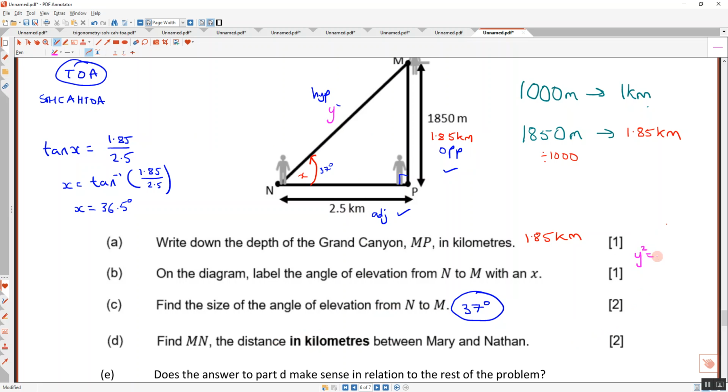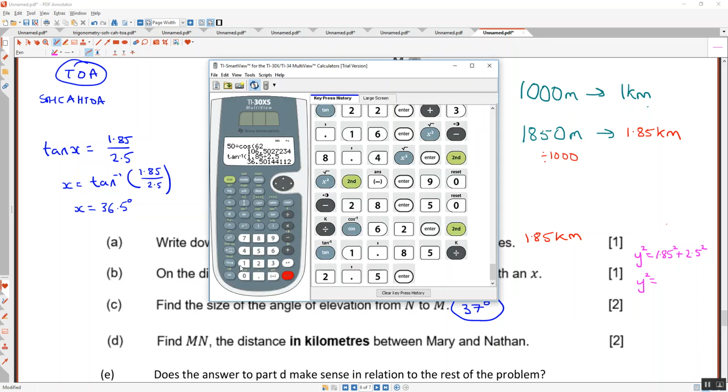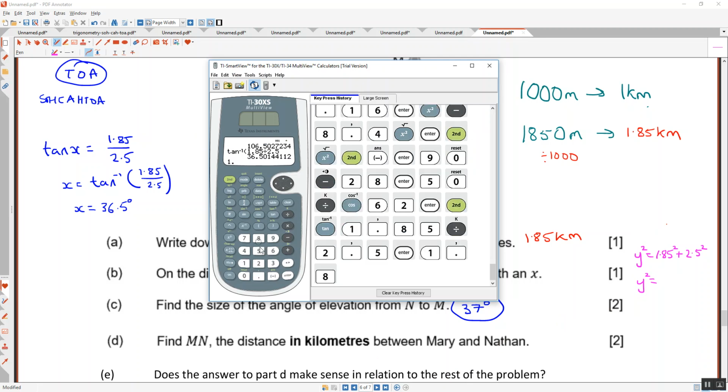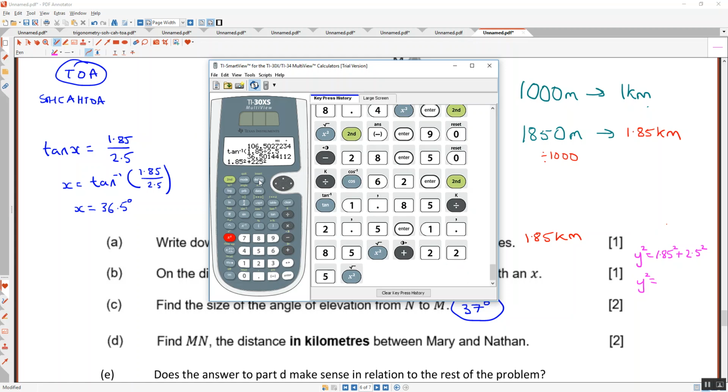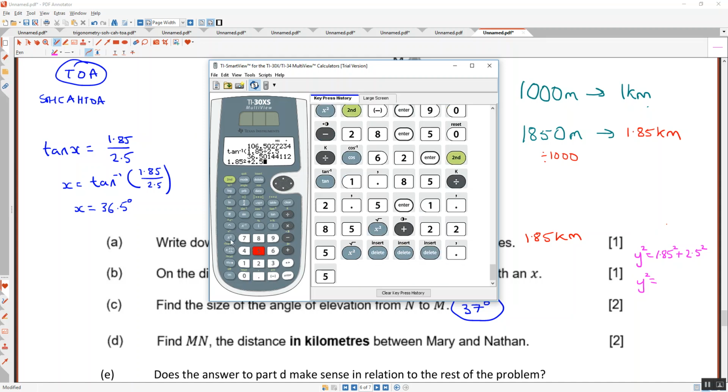So I'm going to use addition. So y squared is equal to 1.85 squared plus 2.5 squared. Put that straight into my calculator. Oops, just checking as you go. 2.5 squared, 9.6725.